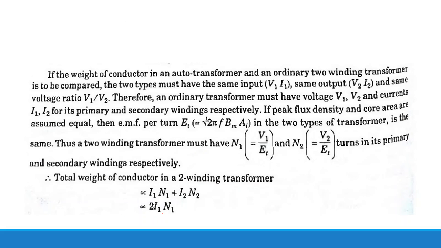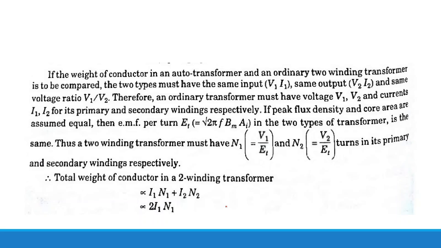Now we have to compare this with a two winding transformer. The comparison is always done with the same input and same output, if you are comparing with a two winding transformer. So suppose you have an ordinary transformer with voltage V1, V2 and current I1, I2 in primary and secondary, and assume that both have the same maximum flux density and core area.